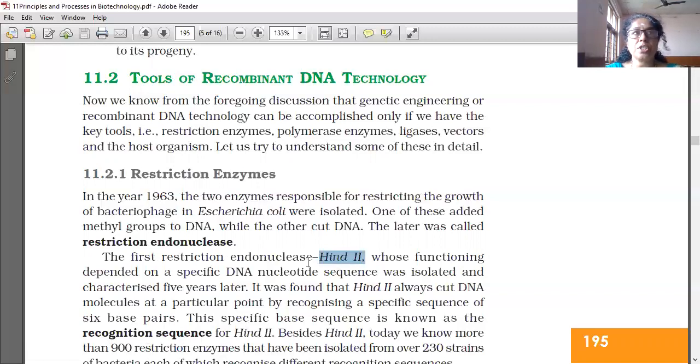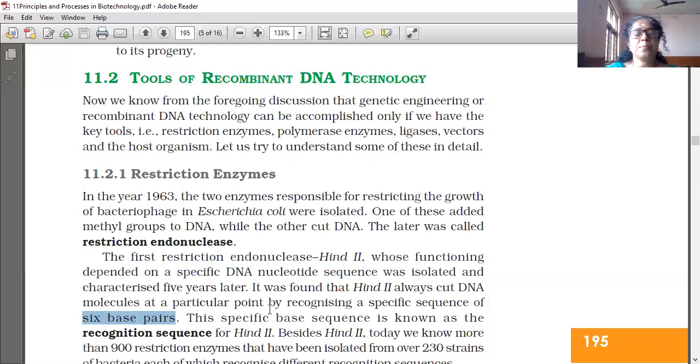The first restriction endonuclease enzyme was named HindII. Its function depended on a specific DNA nucleotide sequence, and it was isolated and characterized five years later. It was found that HindII always cut DNA molecules at a particular point by recognizing a specific sequence of 6 base pairs.